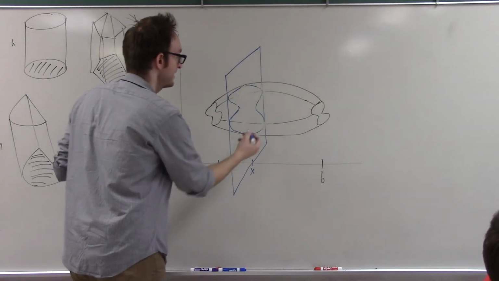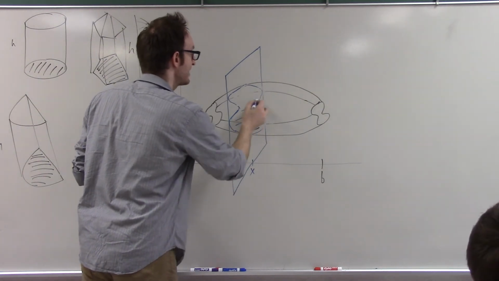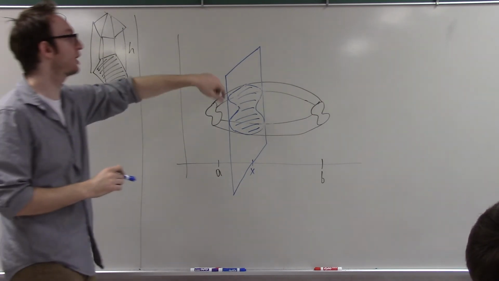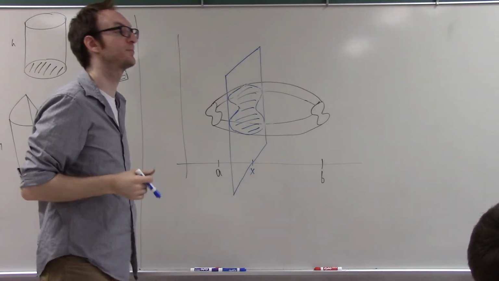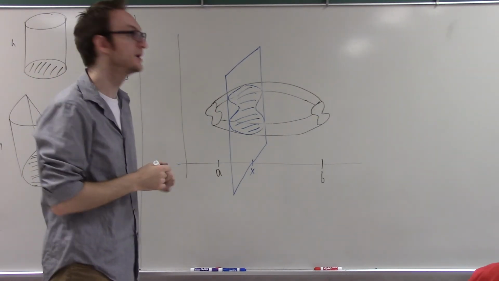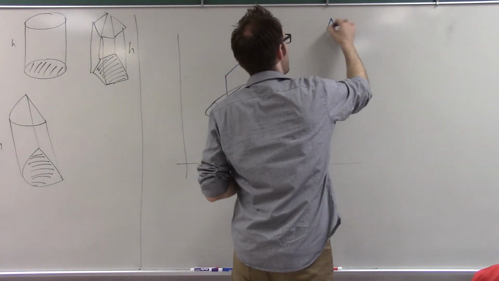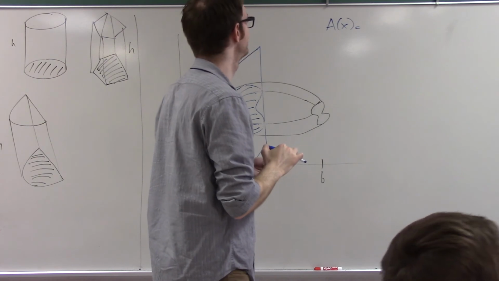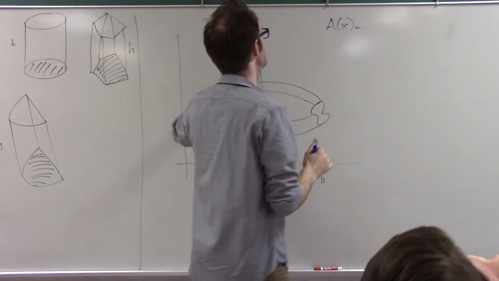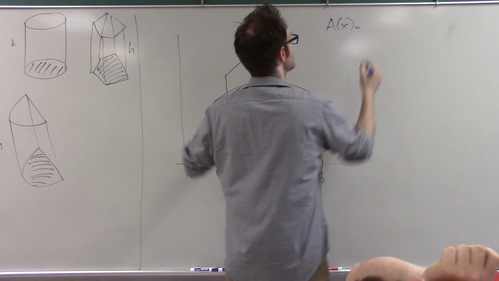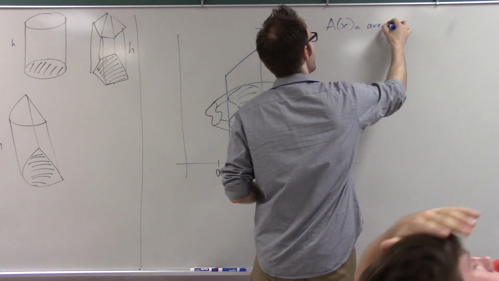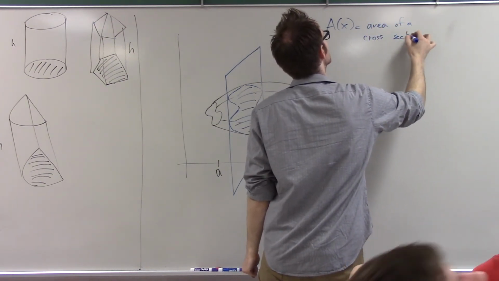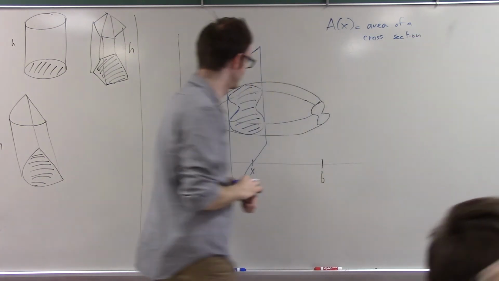If I can find the area of one of these cross sections, then I can multiply by the thickness. So let's suppose I have a function A(x), which gives me the area of a cross section.